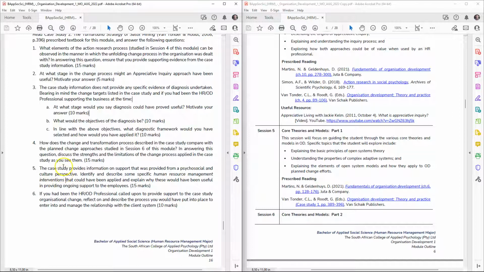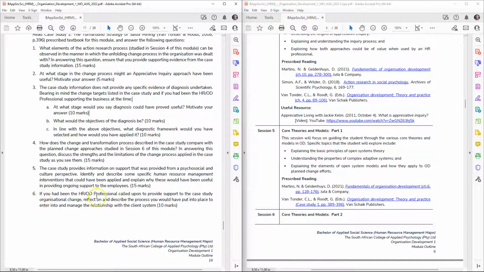But you make the call. If you understand the material and you research a little bit around human resource management interventions in an OD context, please make the call and then identify those two, three interventions or so. Probably not more than that.